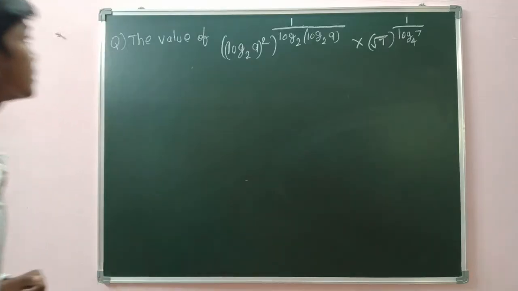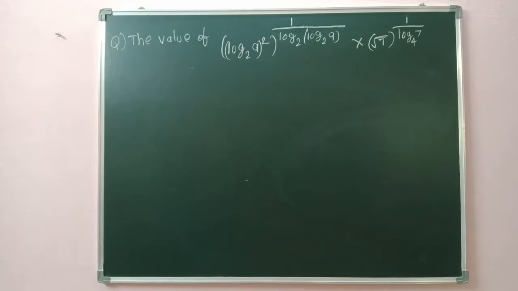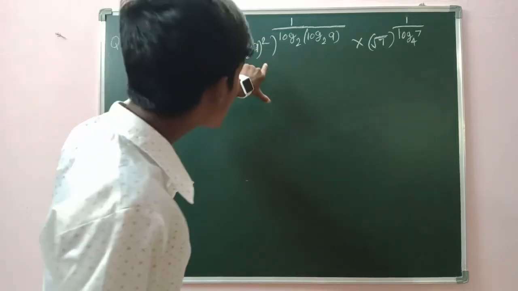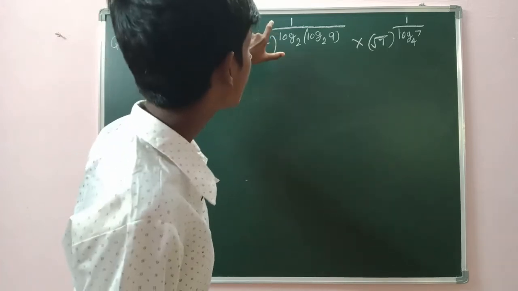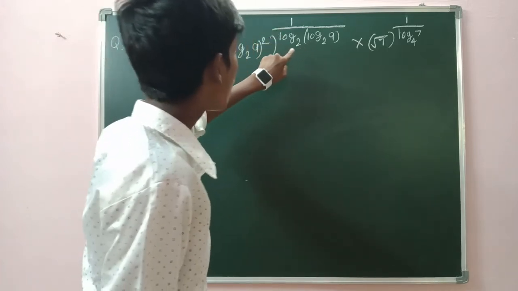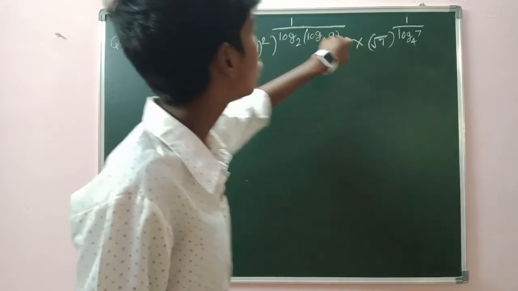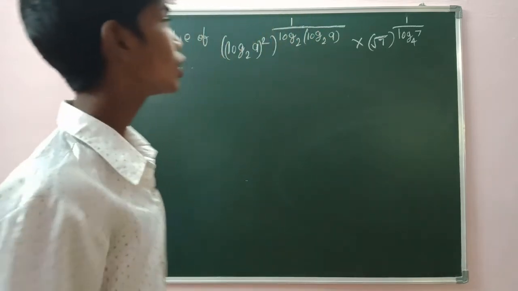Our next question is: the value of log of 9 to the base 2, whole square, then whole power 1 by log to the base 2 of 9 to the base 2, into root 7 into 1 by log of 7 to the base 4.